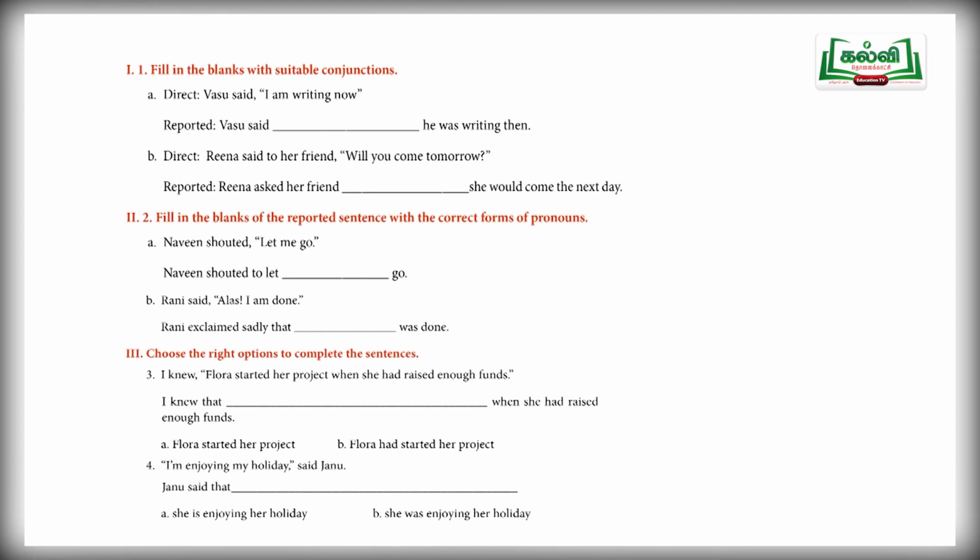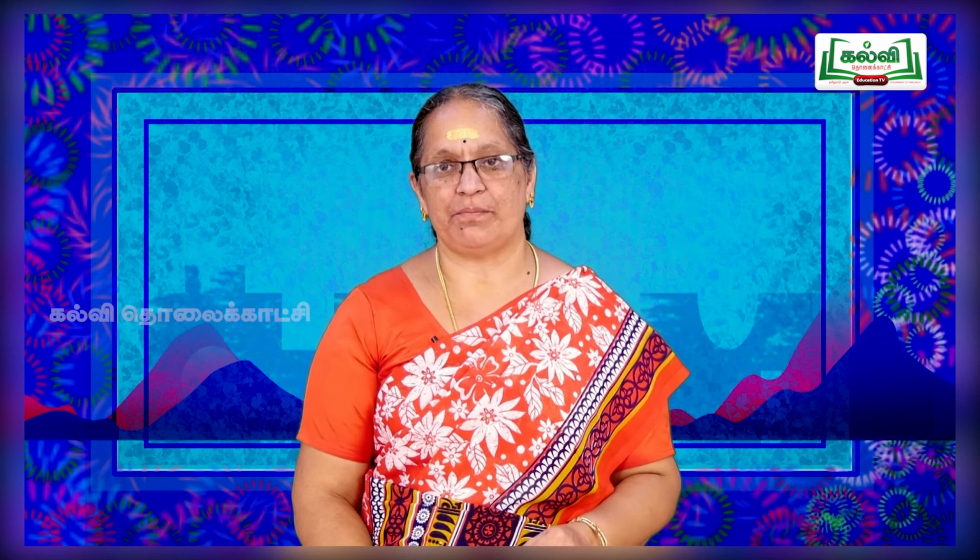Then the second Roman numeral: fill in the blanks of the reported sentences with the correct form of pronouns. Naveen shouted, "Let me go." Naveen shouted to let dash go. So we have to change "me". "Me" refers to the speaker, Naveen.